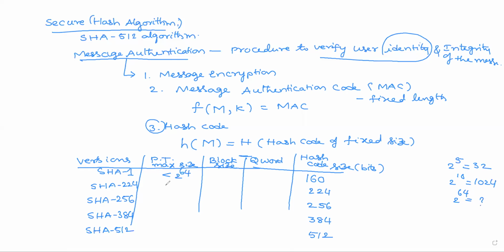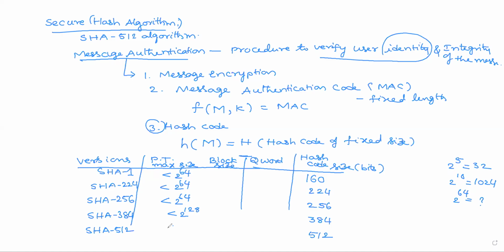In SHA-224 algorithm also, the maximum plain text size is 2 power 64 bits. So 2 power 64 for 256 also. For 384, it is, sorry, not 384, it is 2 power 128 bits.